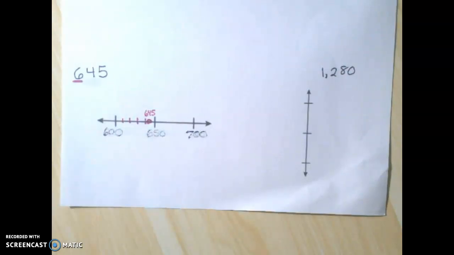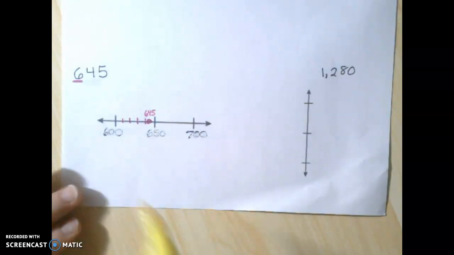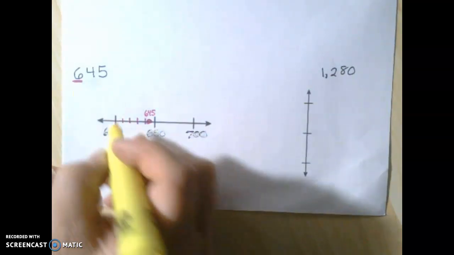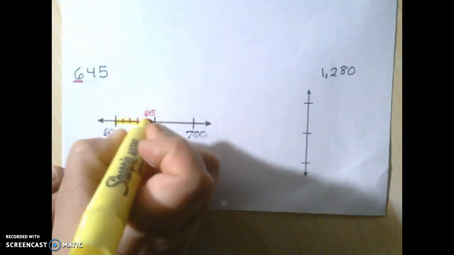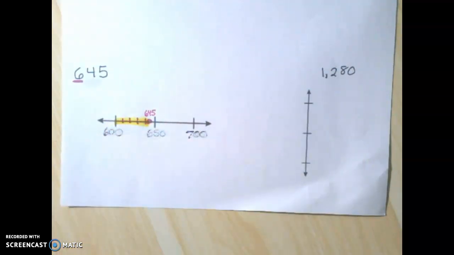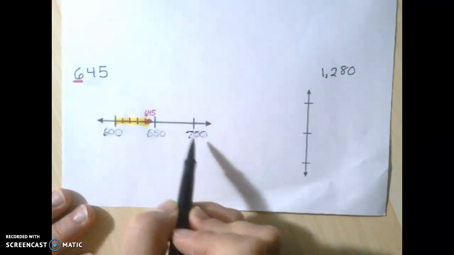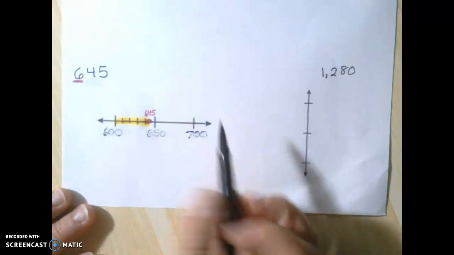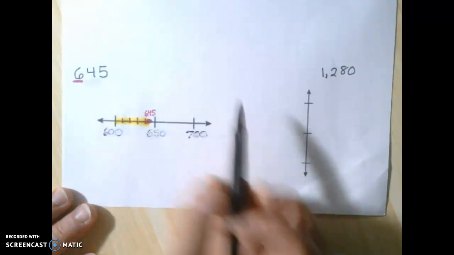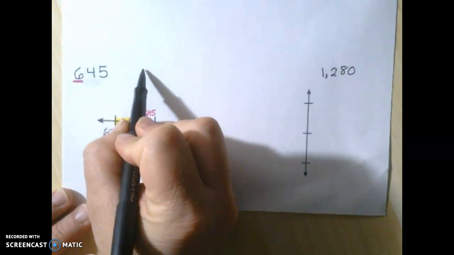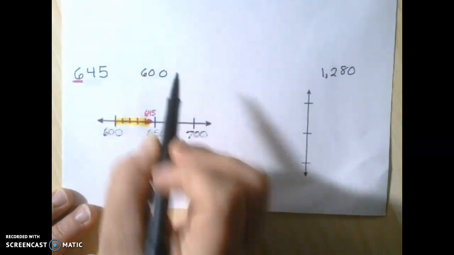Using this number line, I can see that 645 rounded to the hundreds place is closer to 600 than 700. This number line is a visible way to see which whole number this is closest to. So 645 rounded to the hundred place becomes 600.